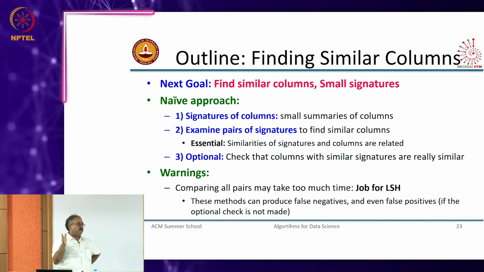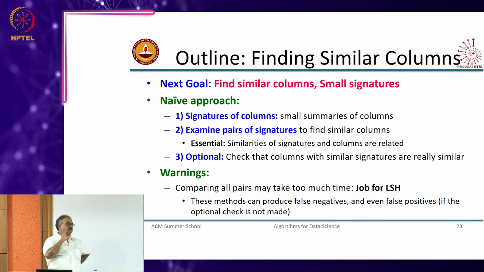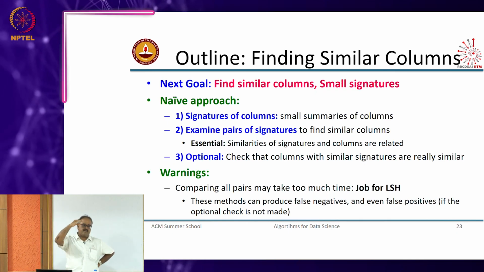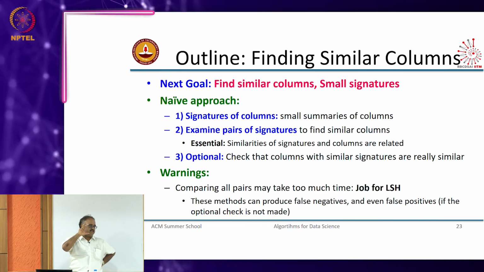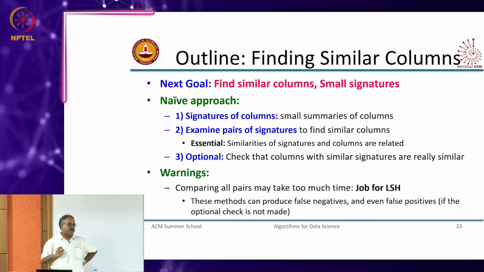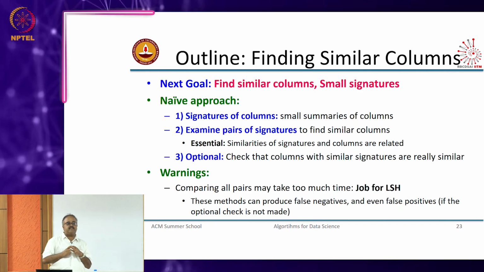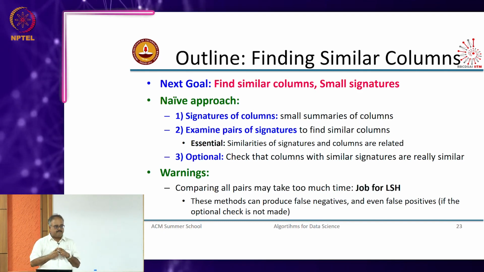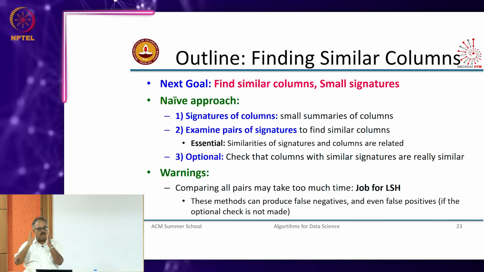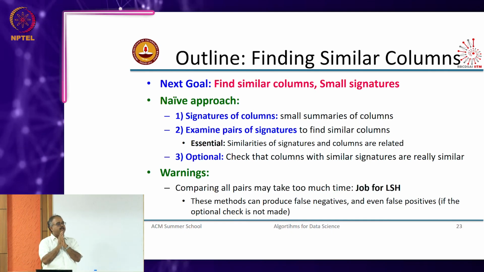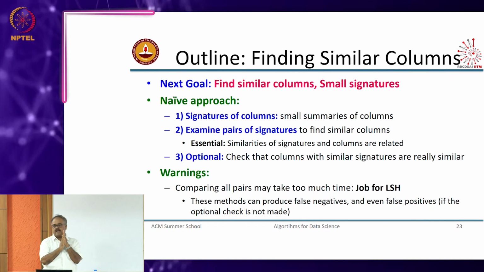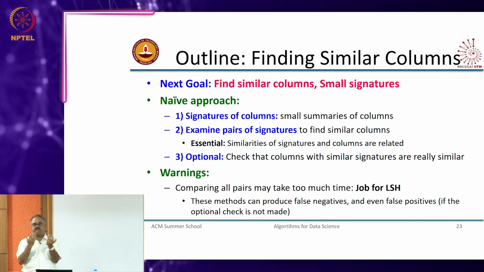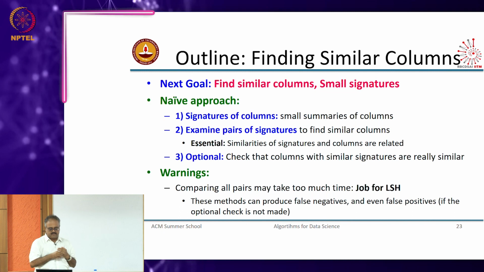The columns have to be represented, but for that binary matrix I want a lot fewer rows than the number of shingles. So it's a compressed representation of the document, and it should be such that I can look at this representation and tell you if two documents are similar or not. I shouldn't lose that notion of similarity when I do this compression.